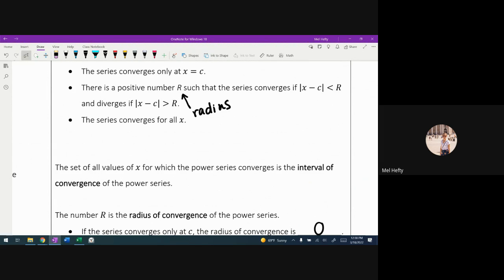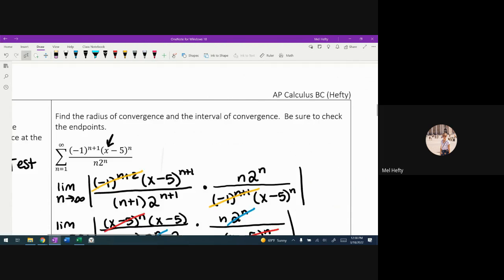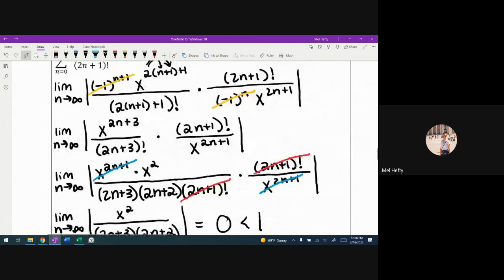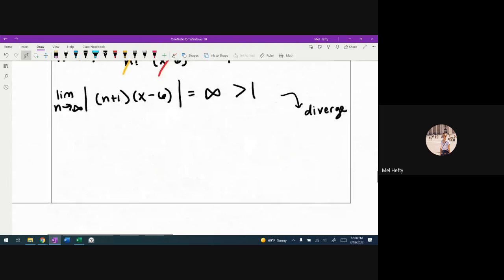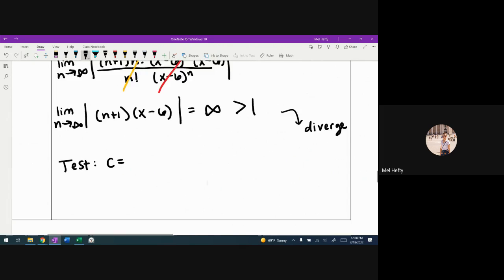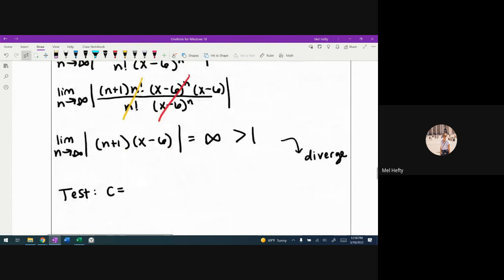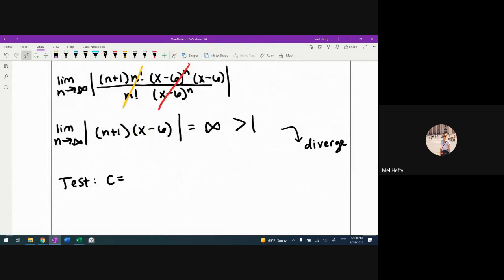And I want to show you why we will actually still converge at the center, even though this is producing something that says diverge. You wouldn't formally have to do this, but we're going to test our center. What is our center in this power series? 6. I know that because I'm seeing the x minus 6. So let's test our center, 6, as our x value.